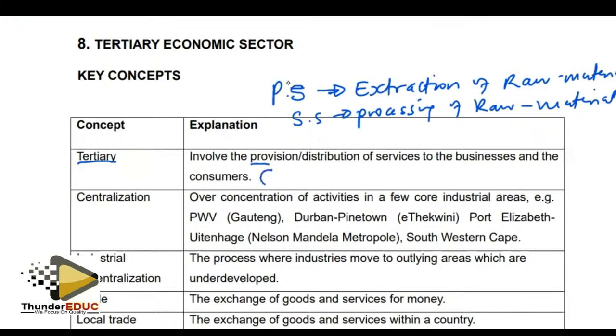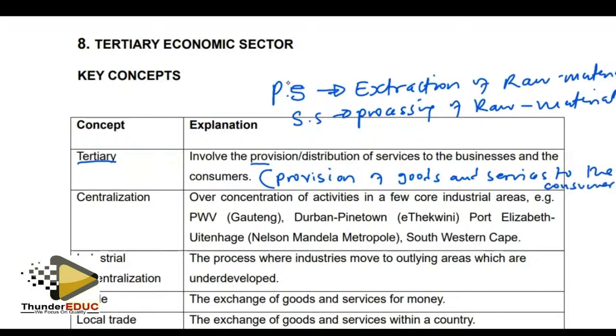And as well, we could say provision of goods and services to the consumers. So this is with the tertiary sector.